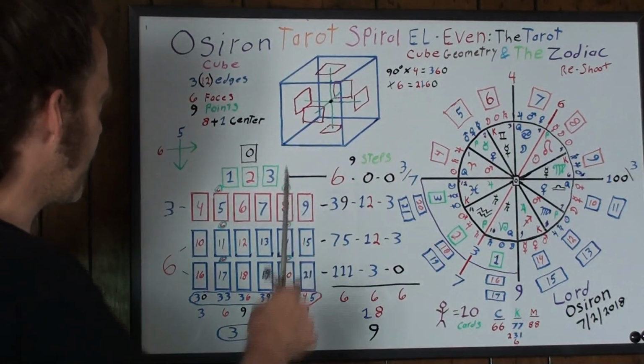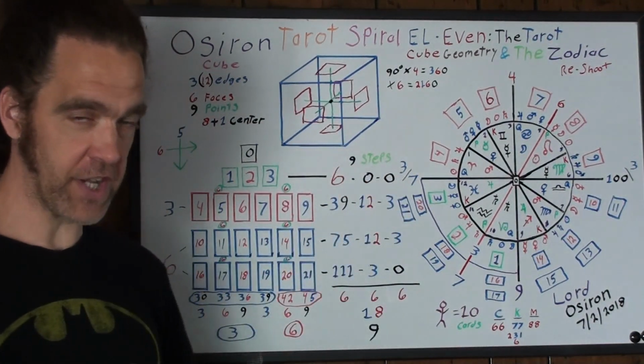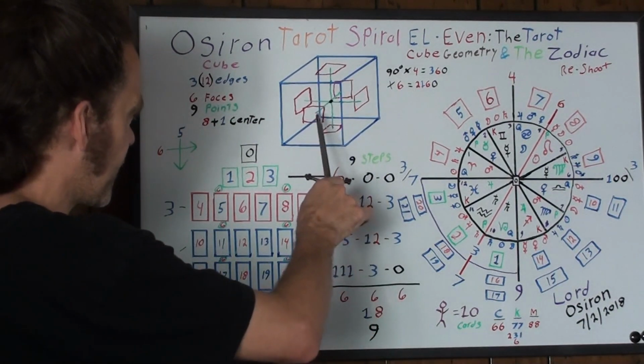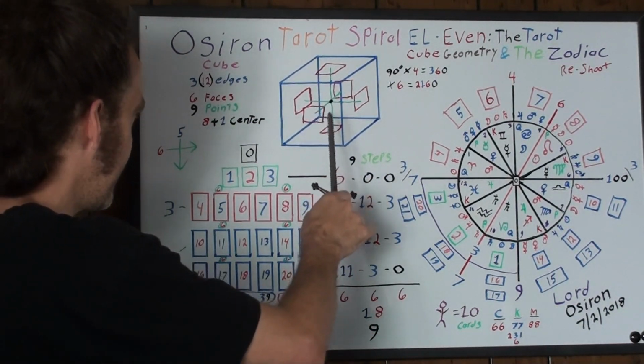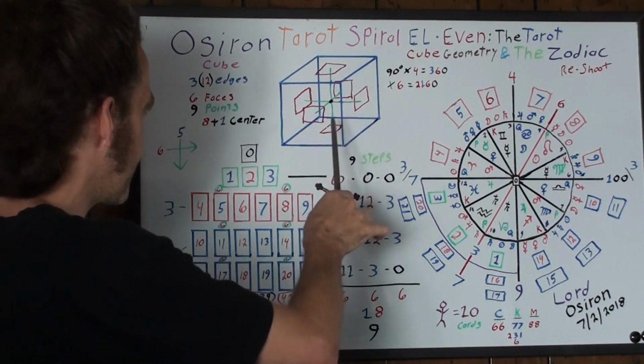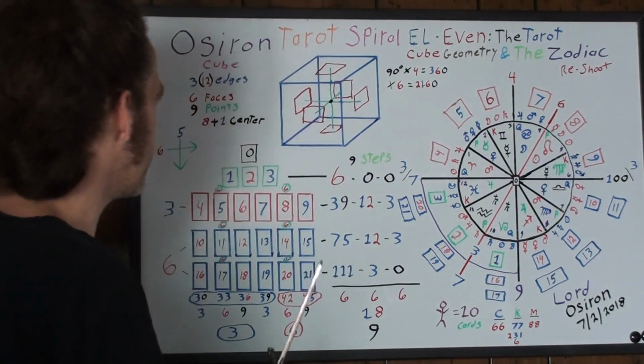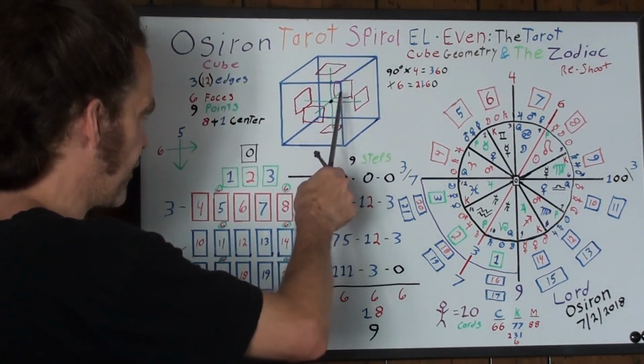What we see here is the 12 outer edges of the cube, which reduce to 3 to give us a 3. And then we have the 6 faces of the cube for the 6. And for the 9, what we get is the center point plus the 8 corners, which is again showing a 1-8 configuration with the cube. So that's best with 3, 6, and 9.